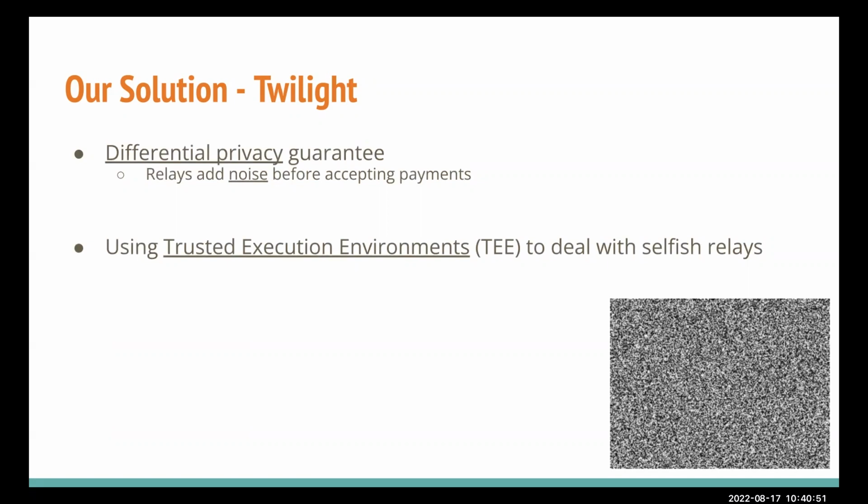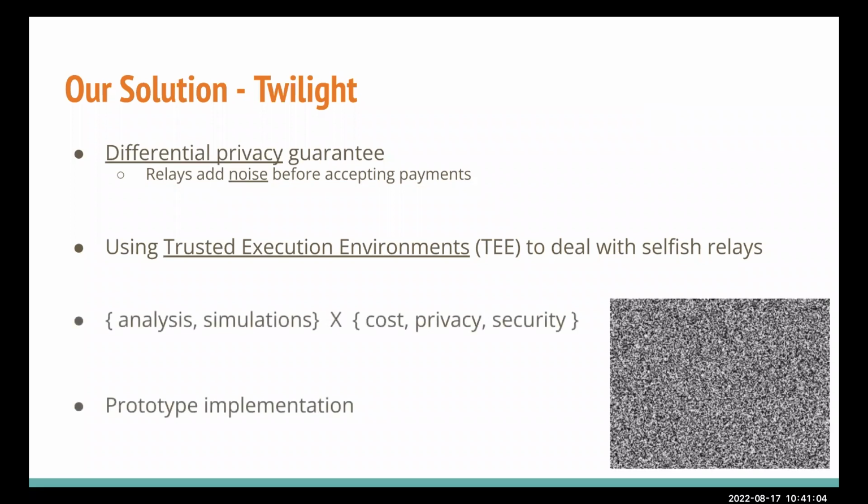We then use trusted execution environments in order to enforce the relays to use our protocol. And this is a systems paper, so we have both analysis and simulations for all three properties of cost, privacy, and security, and we have a full prototype implementation.